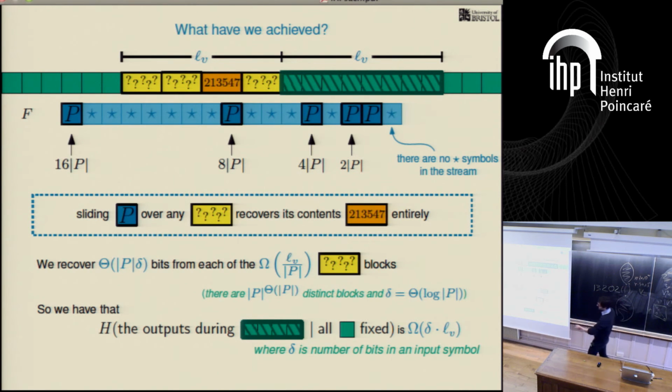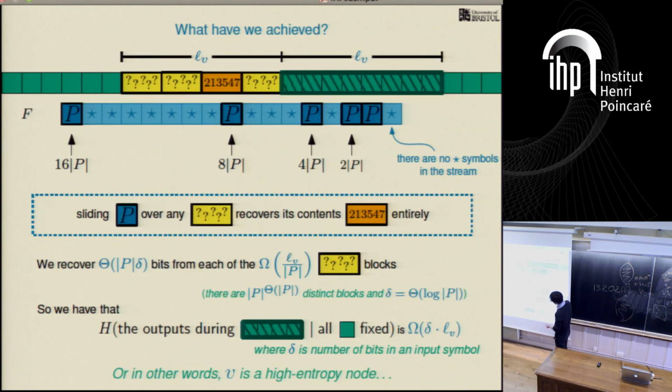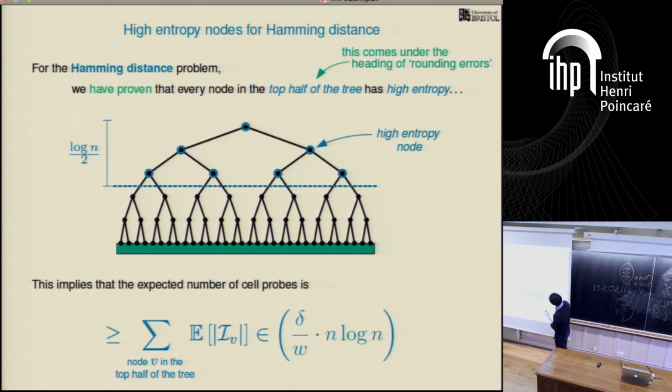So this is indeed a high entropy node. So all of these things are high entropy nodes. I didn't really mention the top half thing, but it really just comes from rounding errors I hid in the talk.